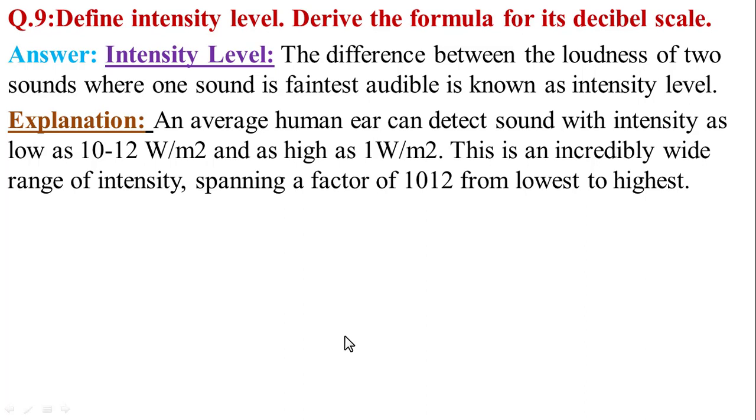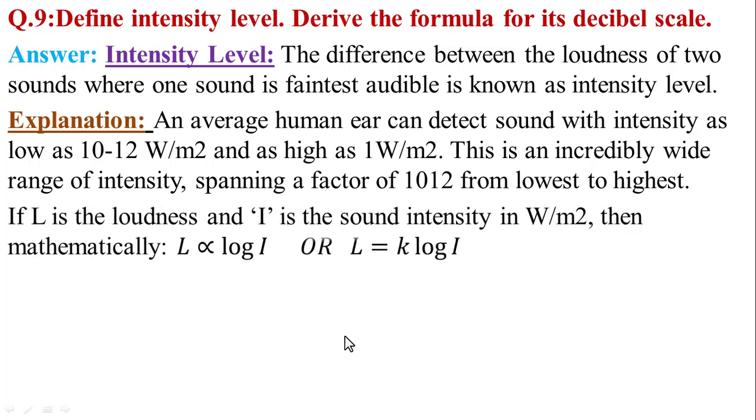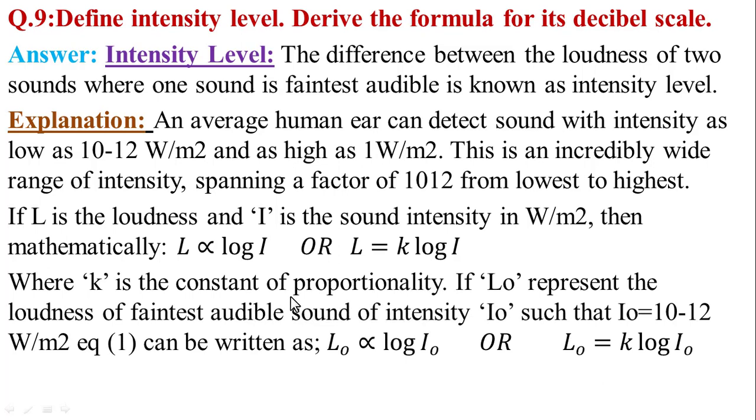Here we denote the loudness by L and the intensity of sound by I. If L is the loudness and I is the intensity of sound in watt per meter squared, then we can write mathematically L is directly proportional to log of I. Here we can write that L is equal to K log of I. When removing the proportionality sign, we use a constant K, the proportionality constant.